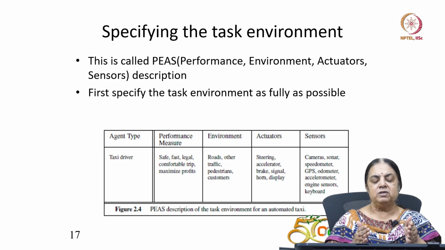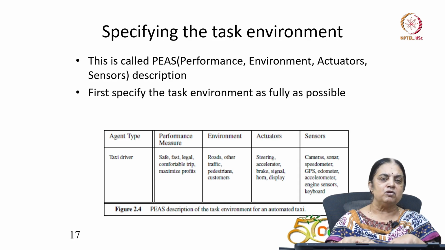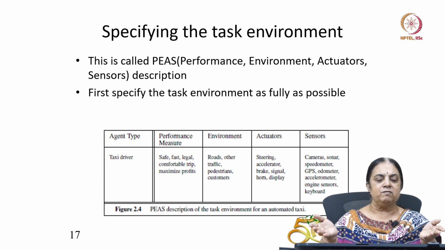These type of things form your performance measure. What is the environment? The environment consists of the road, other traffic on the roads, other vehicles, pedestrians, customers, all these things.